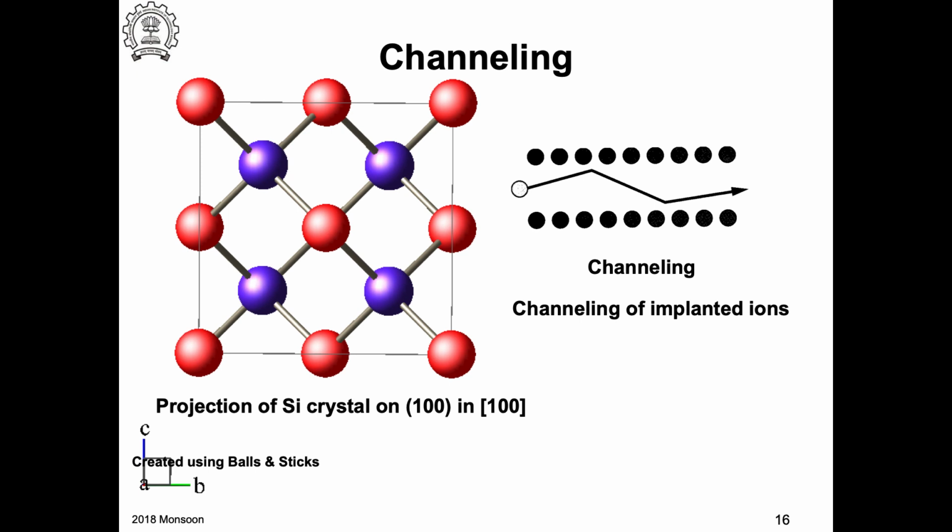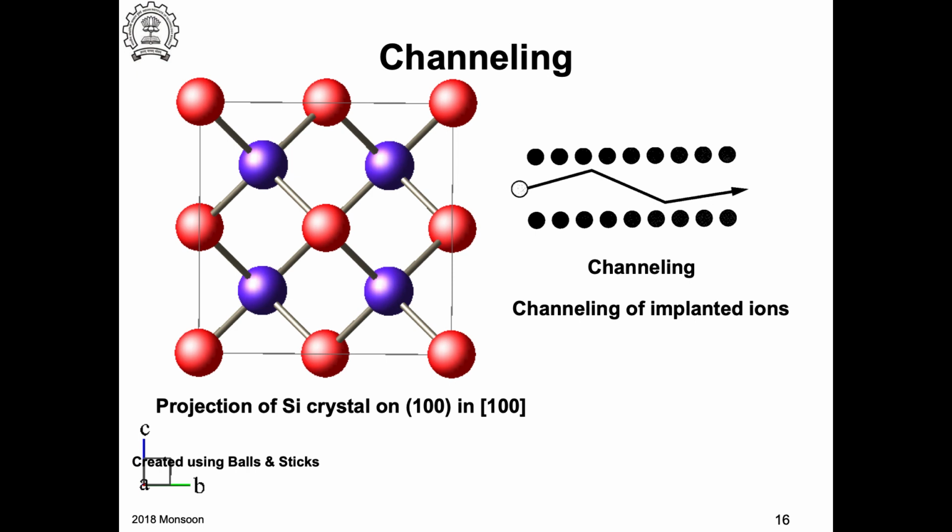You see this nice thing, but if you go back to the second module or so, you will find projections of the crystal on different planes, looking from different angles. You can see the open spaces. If I shoot small ions like boron, they could go deeper.